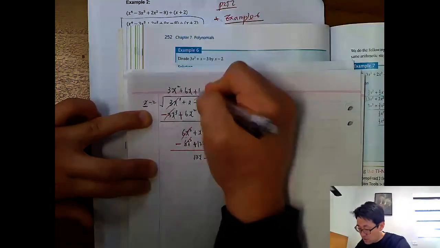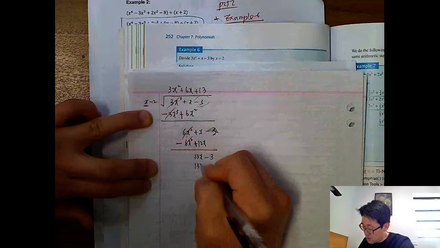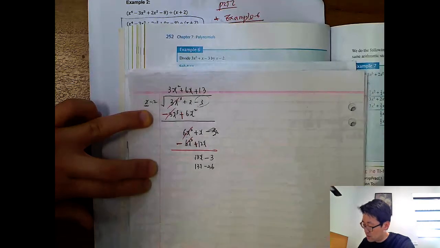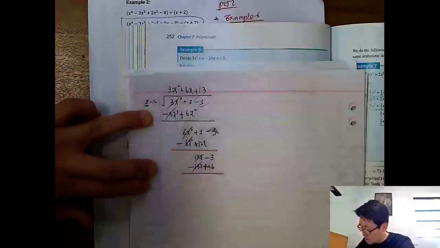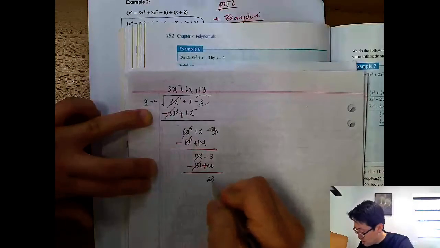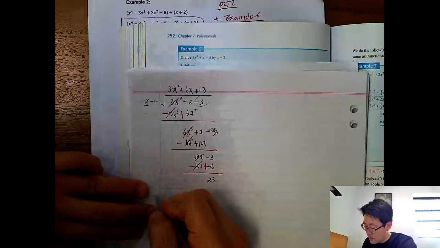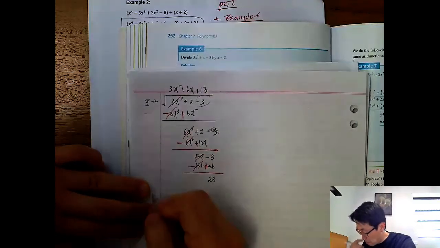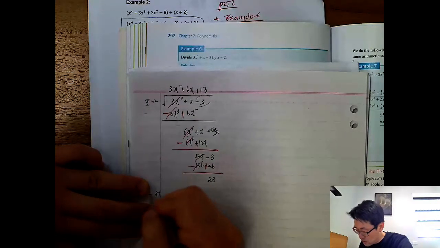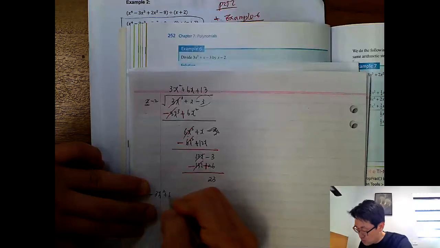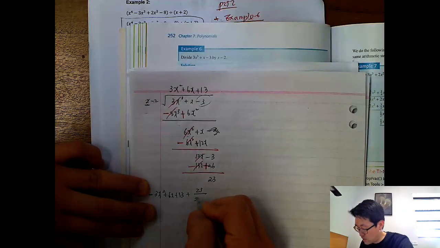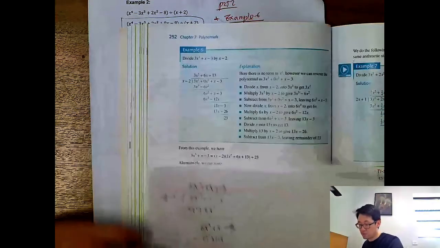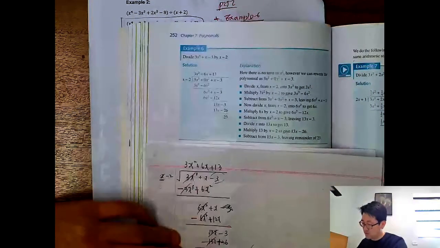And then plus 13, 13x minus 26. Minus plus, cancel that out. 23. So I have 3x squared plus 6x plus 13, plus 23 over x minus 2. Correct.